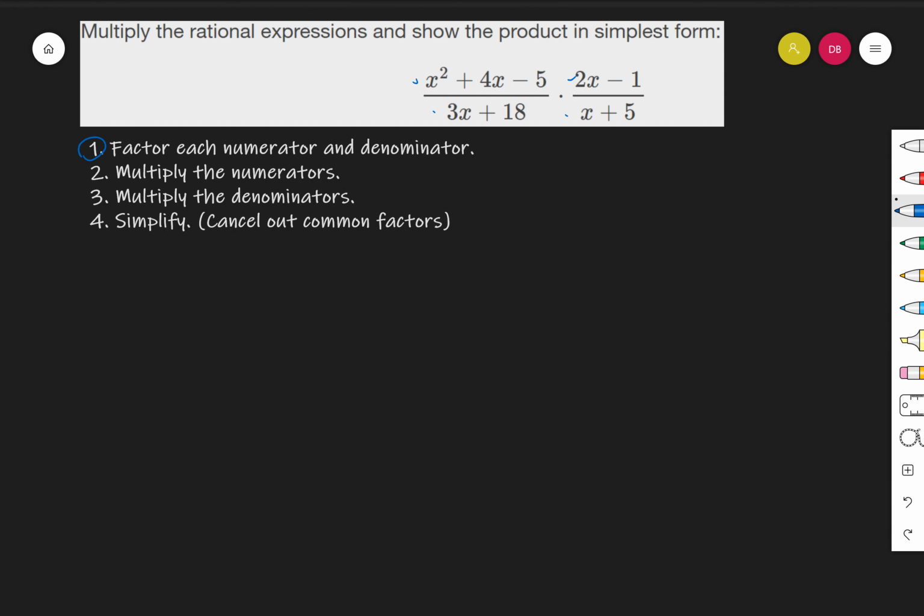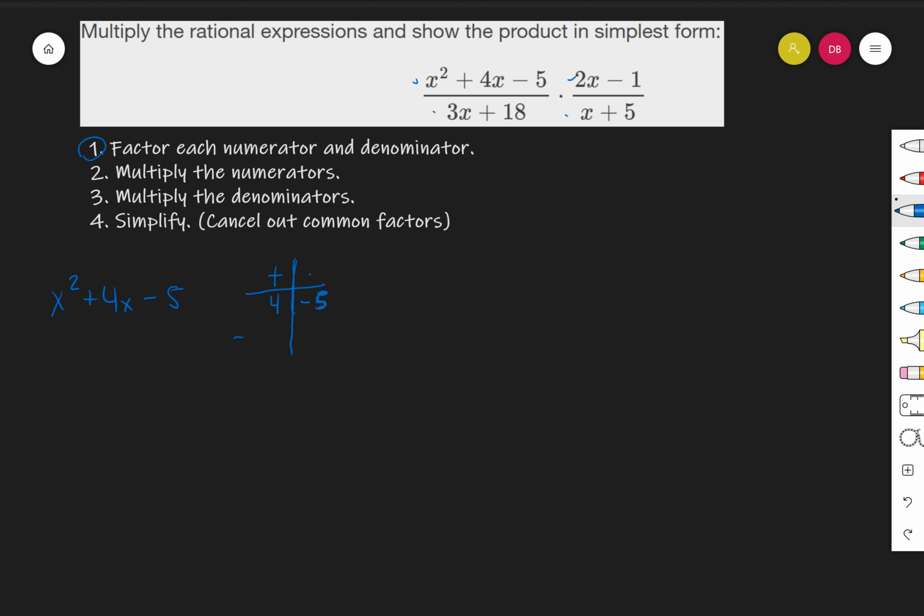I'll just write it, x squared plus 4x minus 5. We're looking for something that adds to be 4 and multiplies to be negative 5.